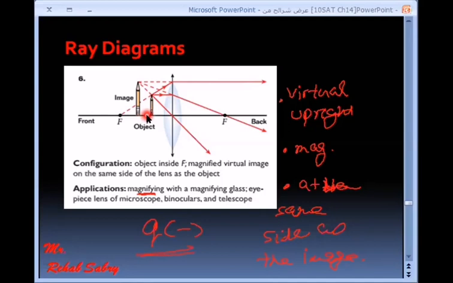Remember, Q is the distance of the image. So here the distance of the image will be negative. Why? Because it's with the object. In lenses, this is not the normal position of the image.